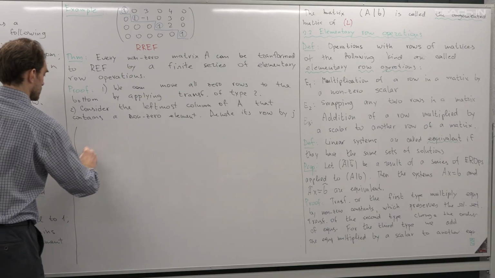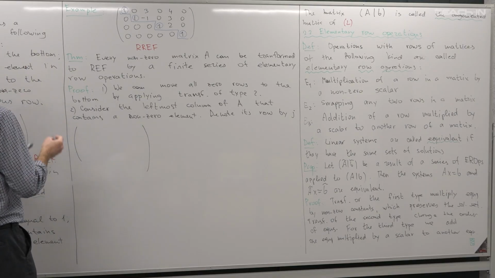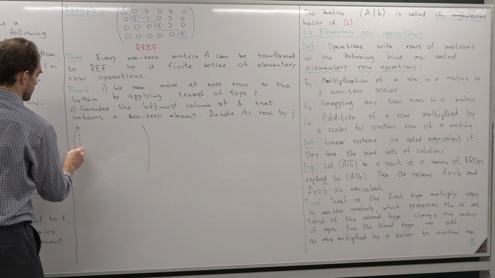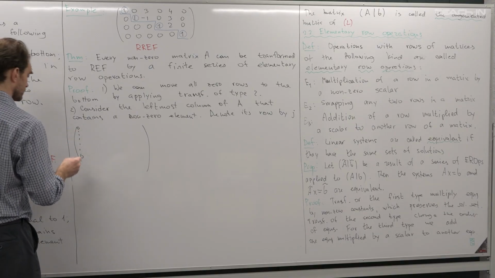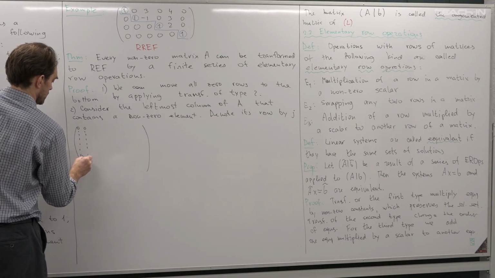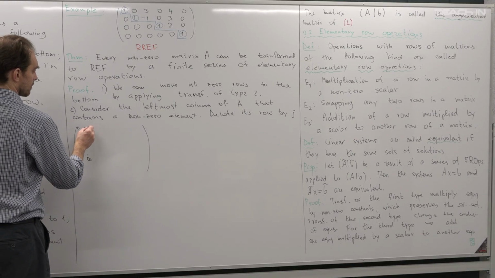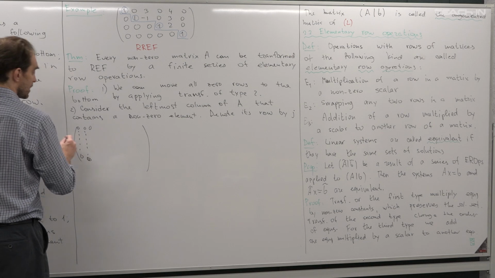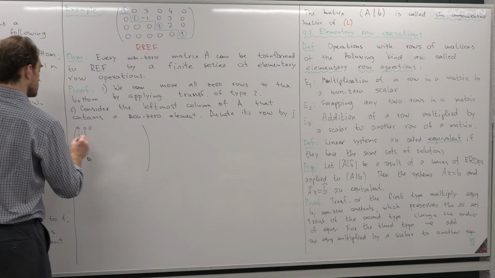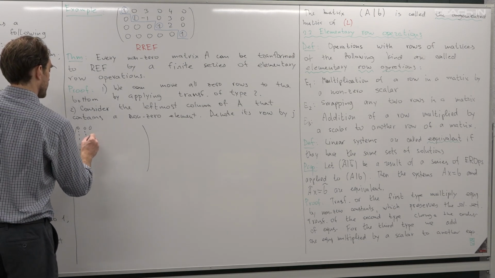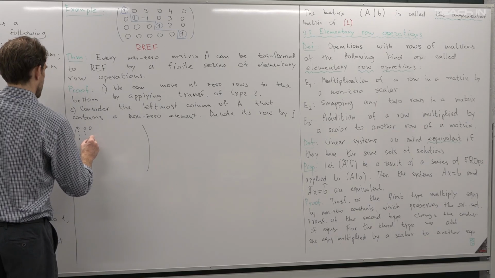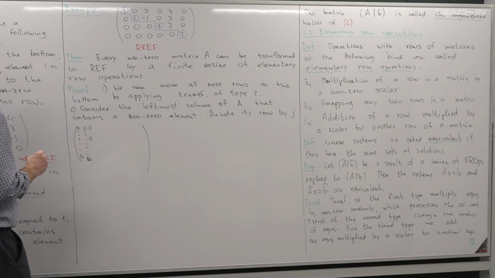So what does this mean? We have some matrix, and here possibly we have a number of zero columns. Then we choose the first non-zero column, where we can also have zeros, but somewhere here we have some element, which I'll denote by C, that is not zero.